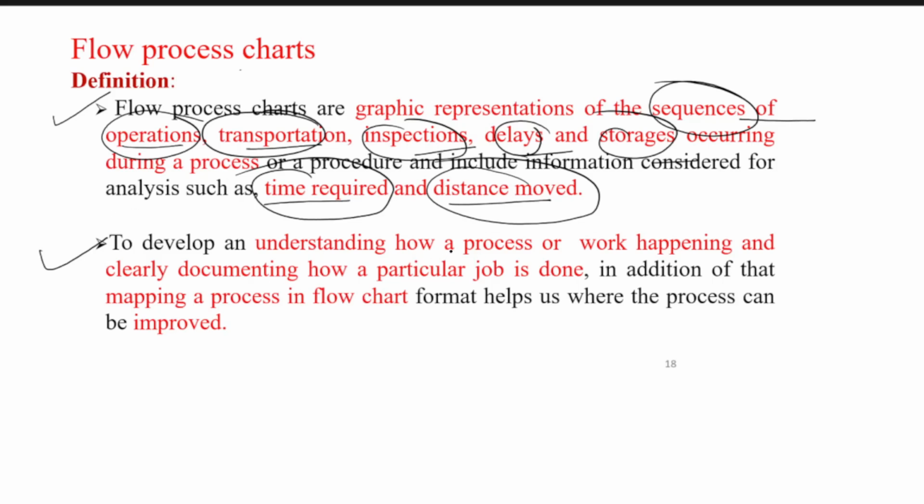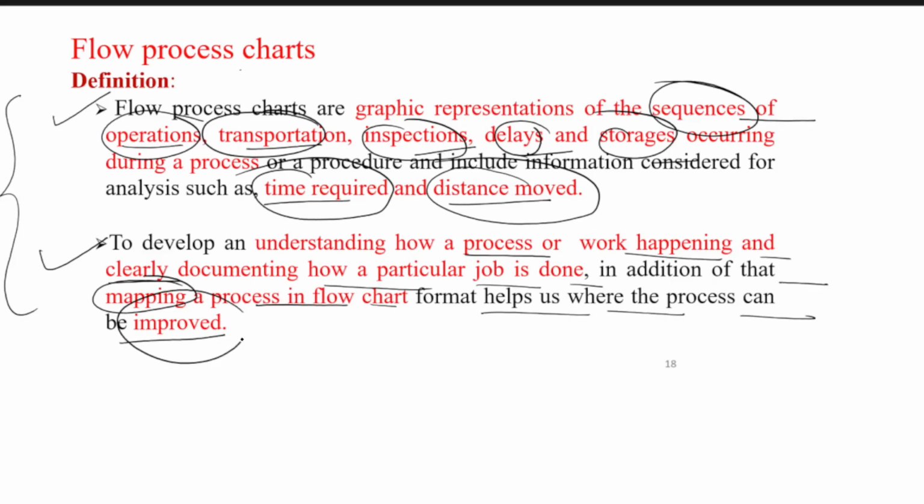To develop an understanding of how a process or work is happening and clearly document how a particular job is done. With the addition of that, mapping a process in flowchart format helps us see where the process can be improved. So it gives scope for the improvement of the process.